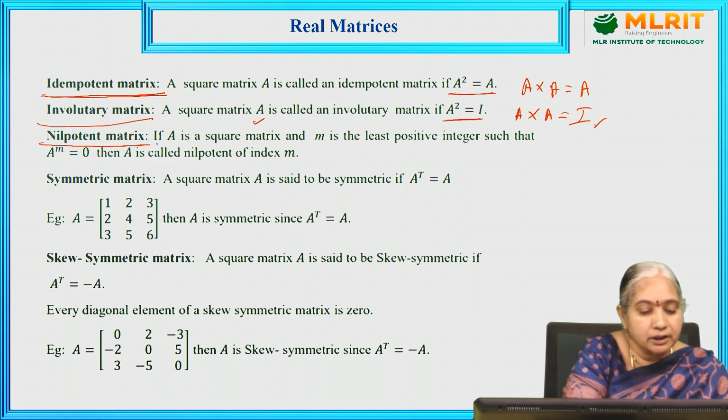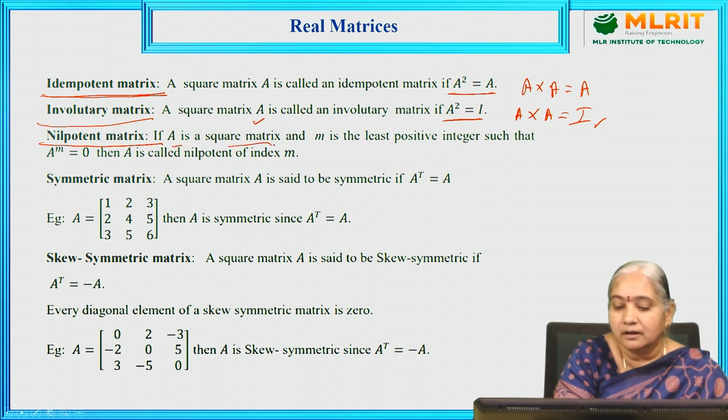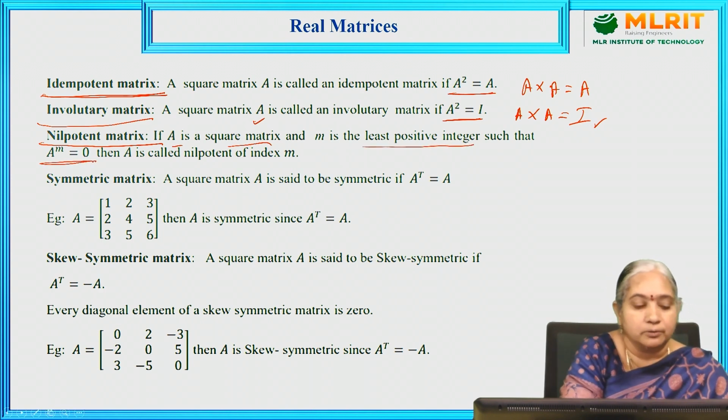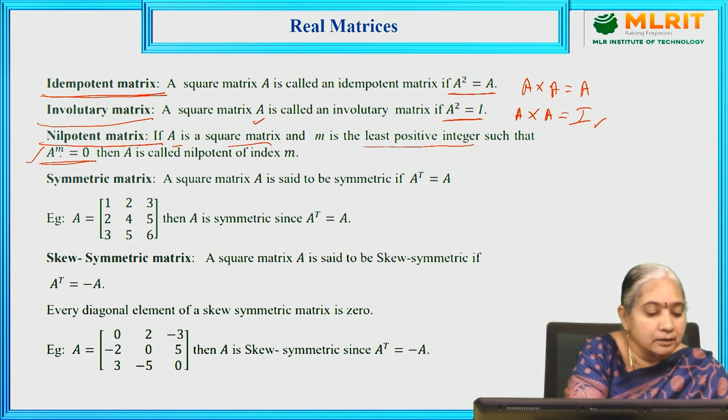Next definition, nilpotent matrix. Here we take A as a square matrix and m as the least positive integer such that A power m equal to 0. If this condition is satisfied, then the matrix A is said to be a nilpotent matrix and m is the index of the matrix A. Here 0 is a zero matrix.